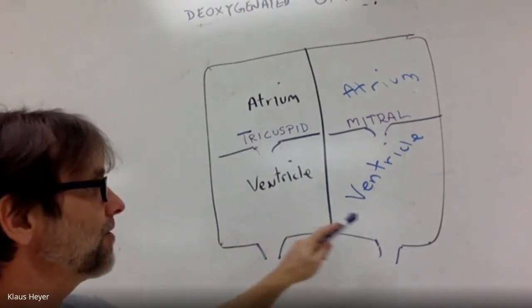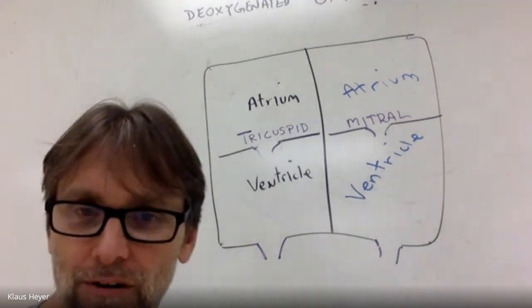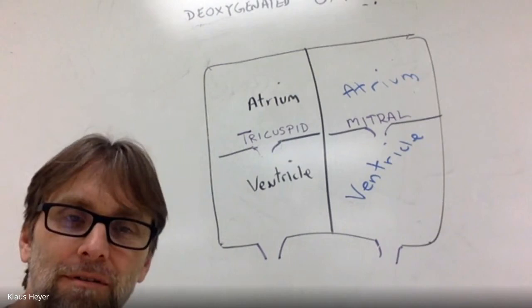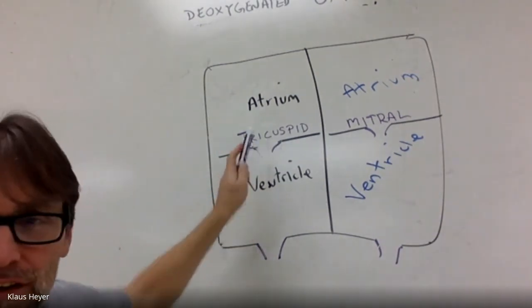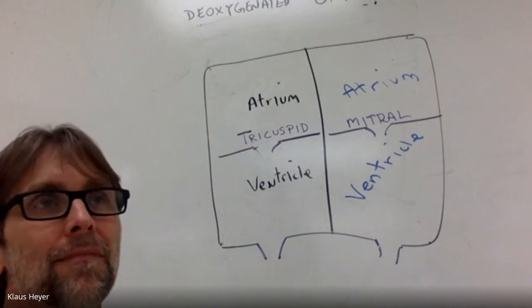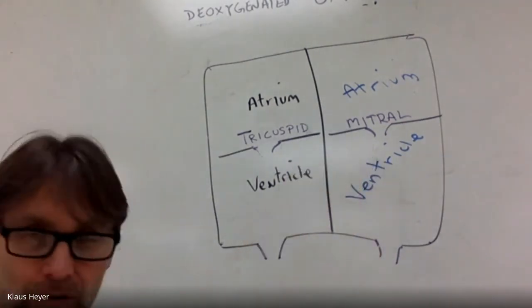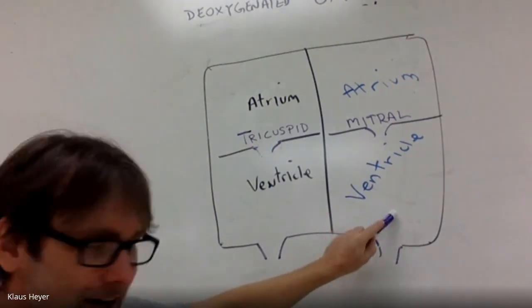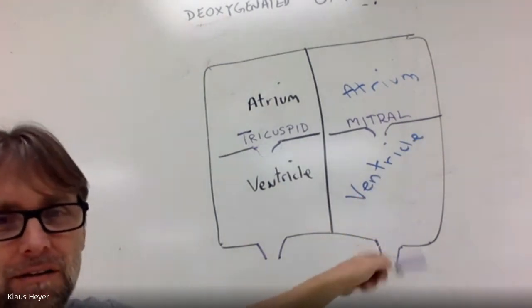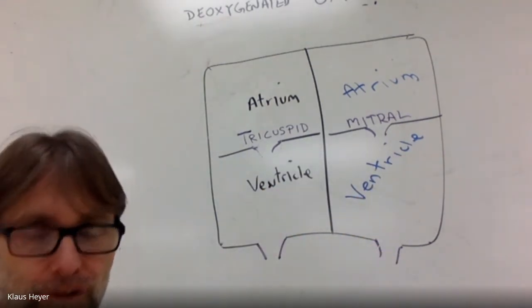So you're always going to hear stuff about the left side. I mean, you don't want any part of your heart to be jacked up, right? But sometimes when the tricuspid valve gets jacked up, it's not as big of a deal as the mitral valve. You hear a lot about mitral valve prolapses because when this side gets jacked up, this is going all over the place. So it's a harder job.